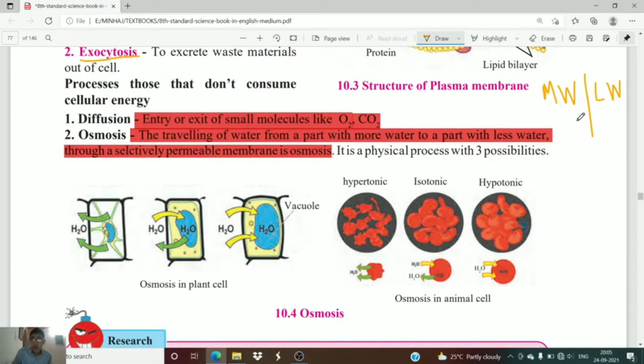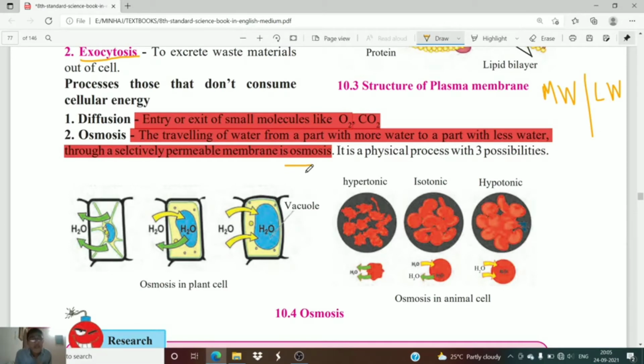So when the water from the high volume area or high density area goes to the area where the water is less, that process is called osmosis. It is nothing but osmosis.